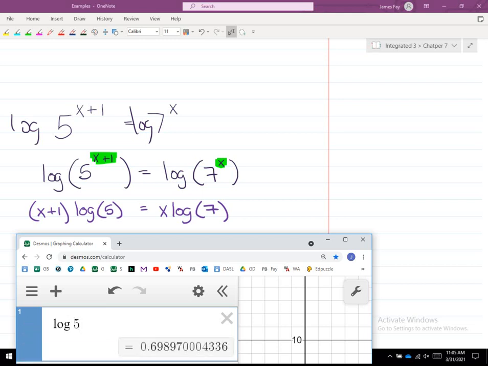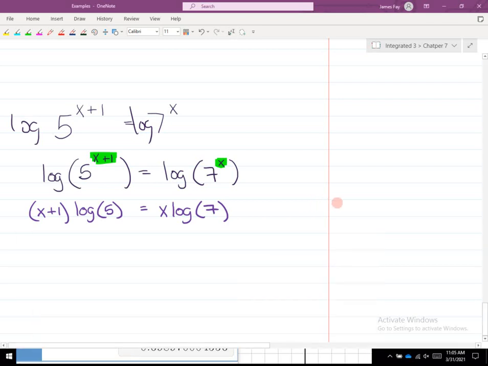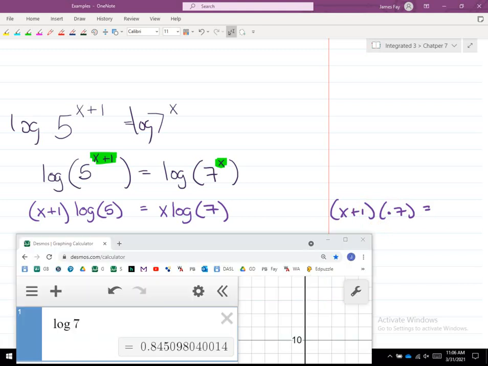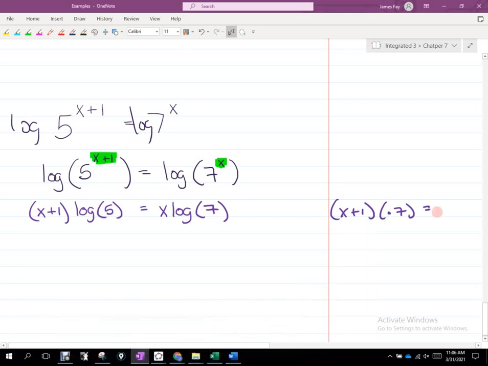Let's just say 0.7. So we would have x plus 1 times 0.7 equals. All right, so log 7 is 0.8, okay? Or approximately 0.8. So we have x times 0.8.